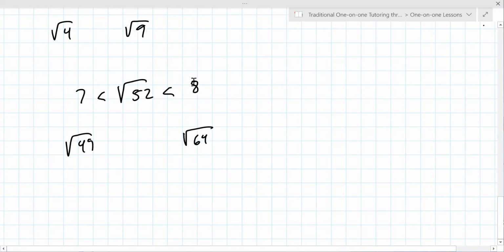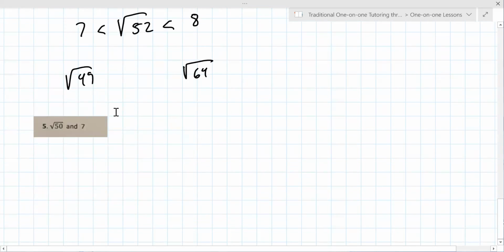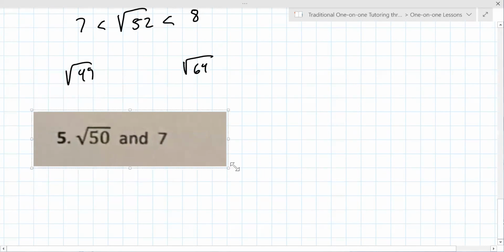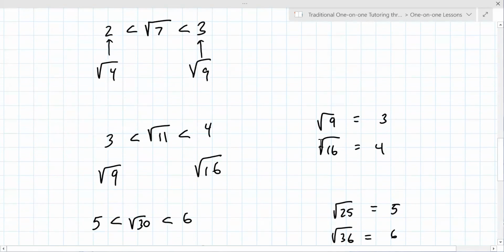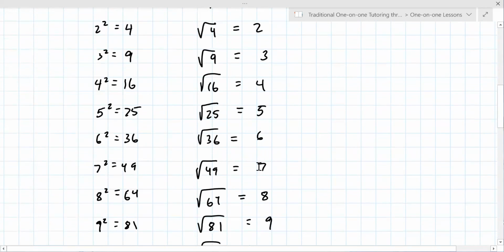Good. Okay. So now let's go back and do number 2. Well, actually, let's do 5 next, because it's very similar. There's nothing weird about it. All right. So square root of 50 and 7. If you go back up to our table, 7 is the square root of what number? 7 is the square root of 49.